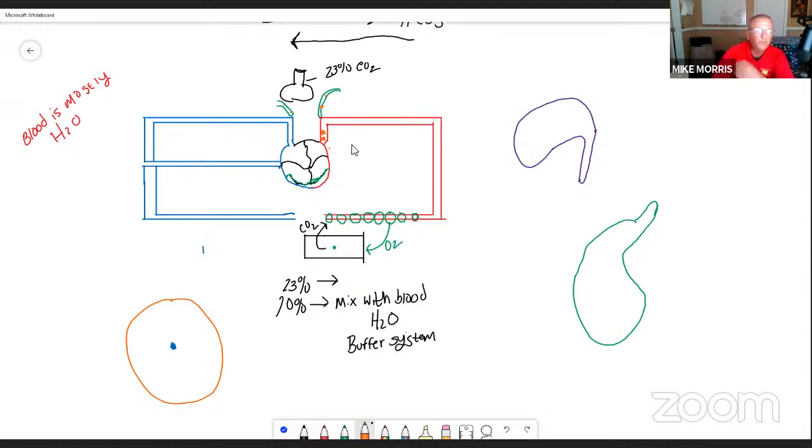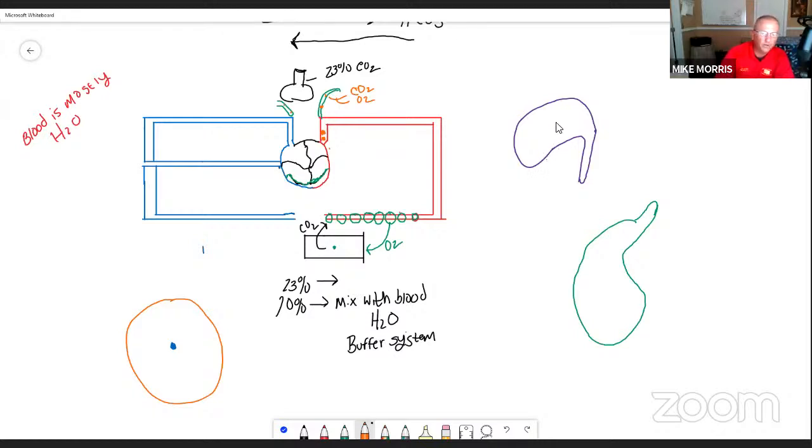So there's sensors, right? Chemical sensors. The peripheral is going to monitor the CO2 and O2.